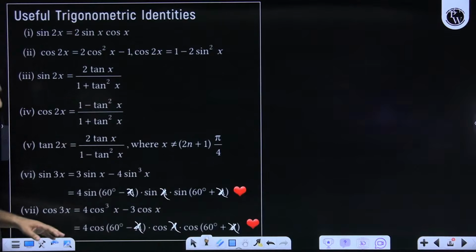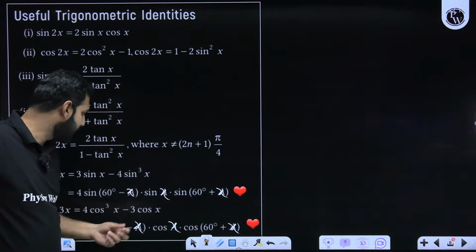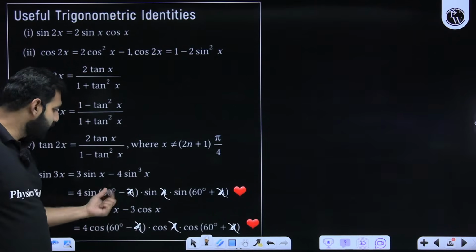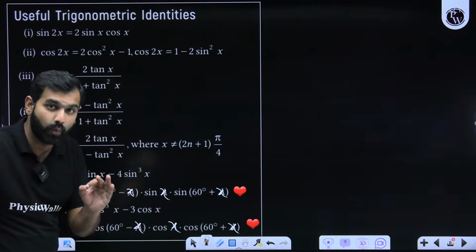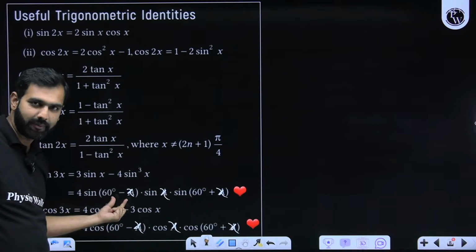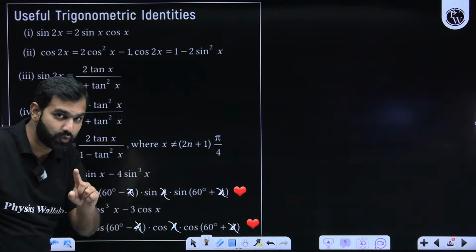So what you need to understand here is that in that question, what IIT JEE Mains have done is they have replaced x by, let's say, 10 degrees. So the question was 4 sin 50 sin 10 sin 70. What will be the answer? If we have cracked what x is, because when you see sin 50, it will be 60 minus 10. When you see sin 70, it will be 60 plus 10. So x was basically 10.